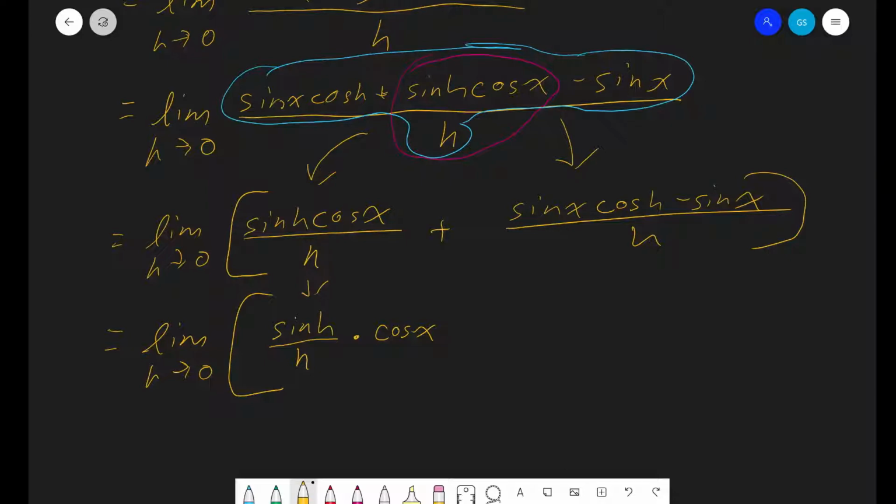So we should end up in a situation where we get 1 minus cos h over h. And the way we can do that is we can factor out a sine x, right? Which would give us cos h minus 1 over h, right? But we want it the other way. We want 1 minus cos h, so we take a negative sine x. So then that will give us 1 minus cos h over h.